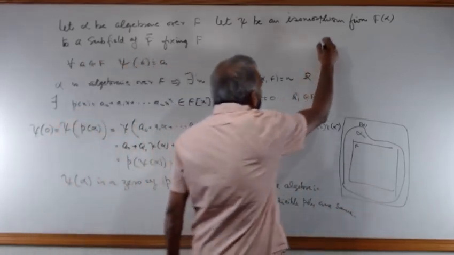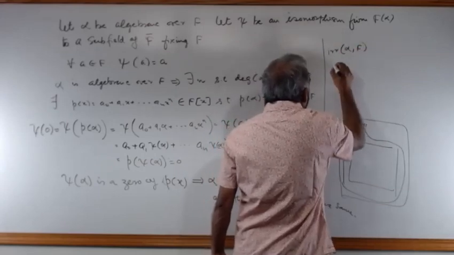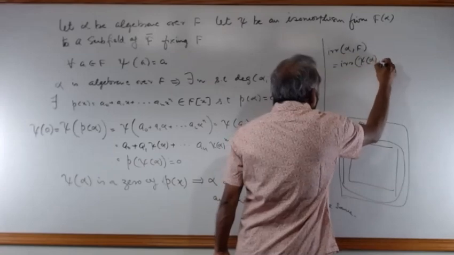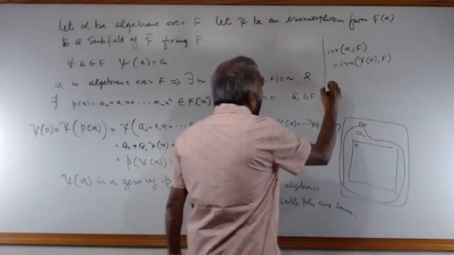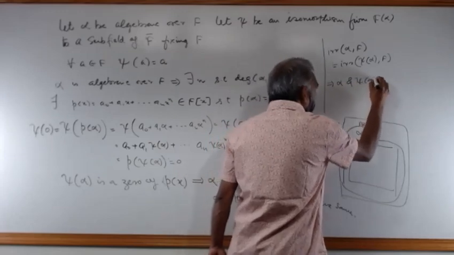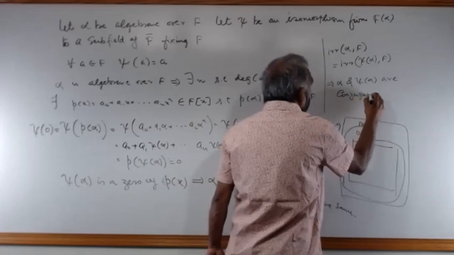Meaning the irreducible polynomial of alpha over F is equal to the irreducible polynomial of psi of alpha over F. And that means alpha and psi of alpha are conjugates.